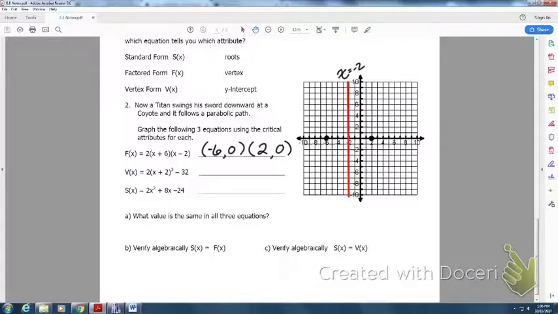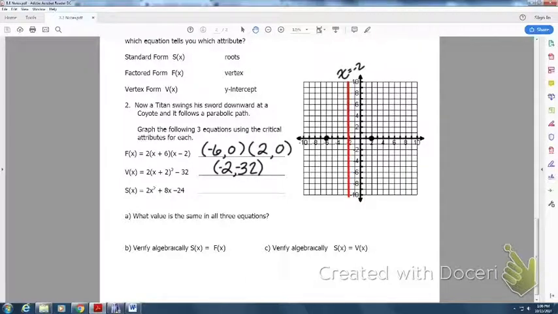Sam, what would my vertex be from there? Negative 2, down 32. That won't fit. Correct. Yes, this is a poor graph for this example. We're just going to graph what we can here.